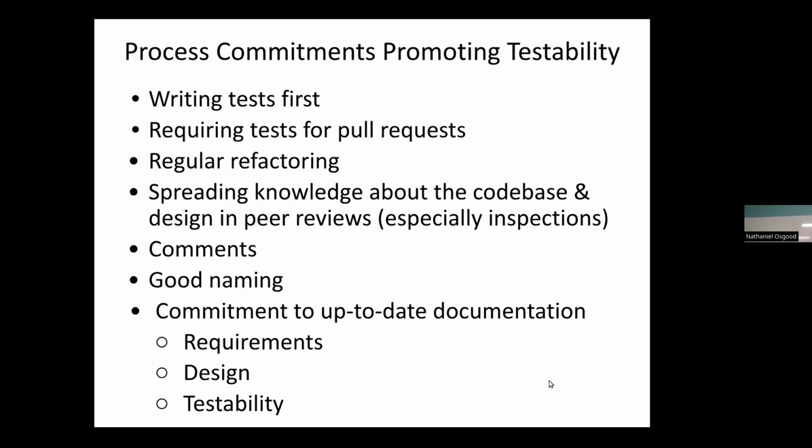By spreading knowledge about the code base, you can aid testability because people are equipped with an understanding of what this does and how it's supposed to do it, and they can test it more effectively, right? So if you have people and inspections that learn about this area of the system, know what this is supposed to do and know what it needs to do its job, they can test it more effectively.